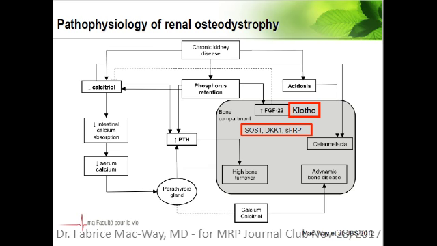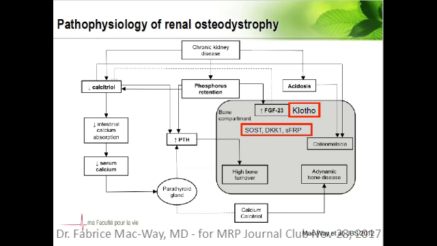This is very bad because the bone doesn't have the possibility to repair, so it's prone, again, to fracture. Sometimes this is because we overtreat with calcitriol and calcium. Some people, without calcium treatment or calcitriol, also develop dynamic bone disease, and we see it often in diabetic patients.